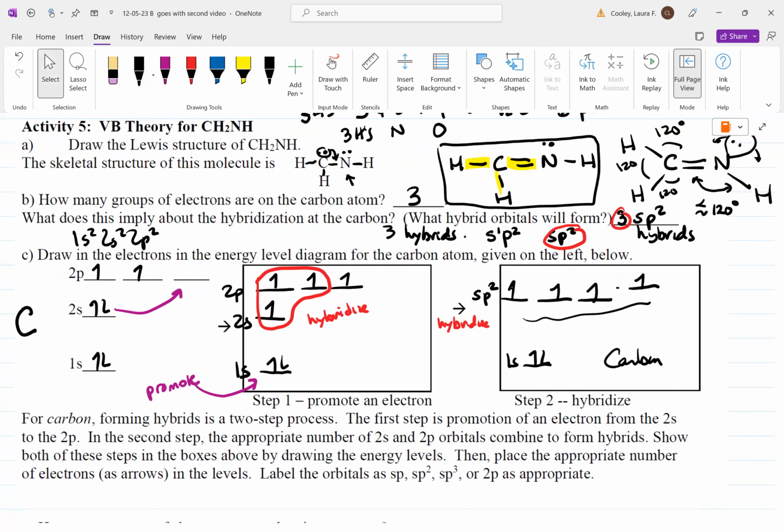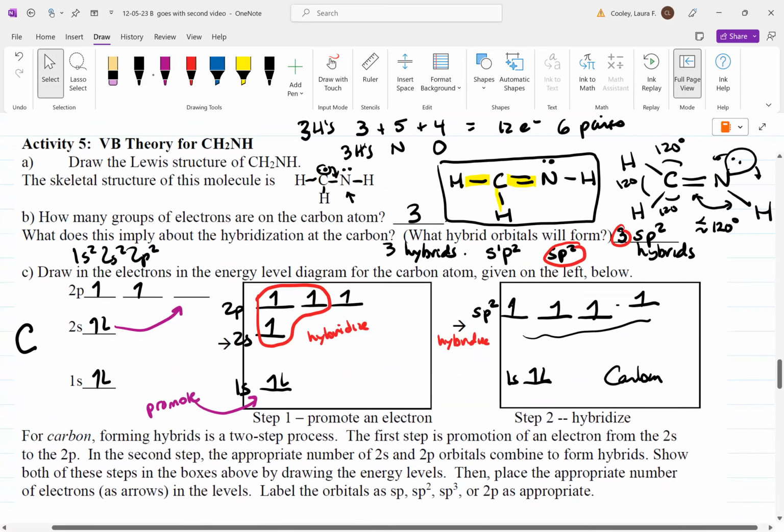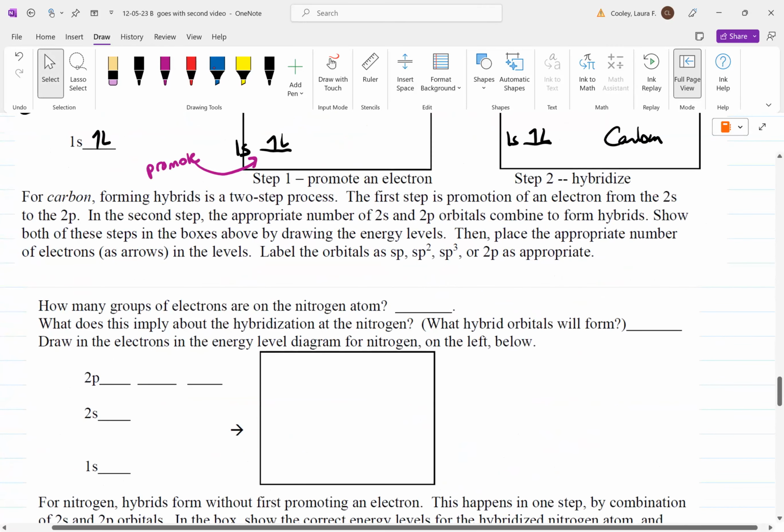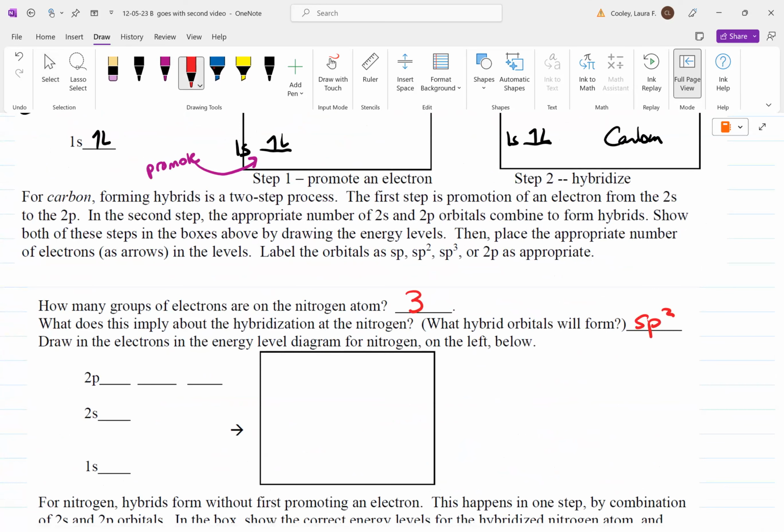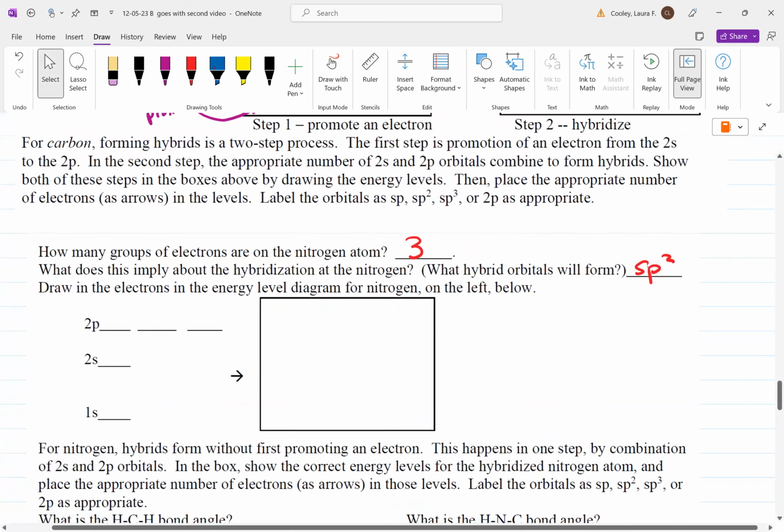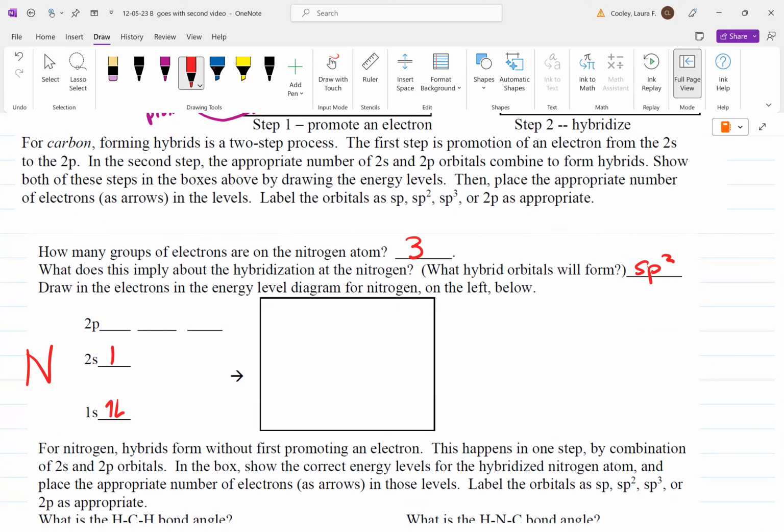How many groups of electrons on nitrogen? Well, we have 1, 2, 3. A double bond counts as 1. So that's 3. So again, we'll have sp2 hybrids. But it's only for carbon that you need to do that promoting electron business. For nitrogen, you don't have to do that. Nitrogen's configuration is 1s2, 2s2, 2p3.